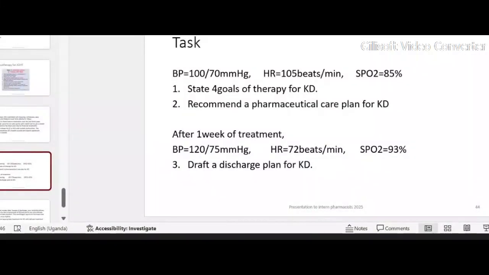Now, because we have not been told in the history whether this patient is naive on the drugs for hypertension or anything, I'm hoping this patient is naive on the medication.